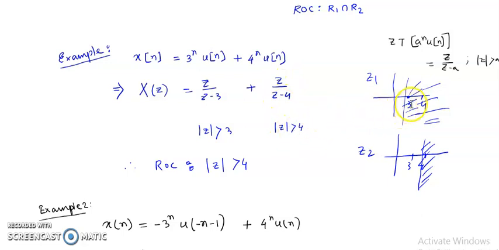If we plot these ROCs, and this point is 3, then mod z greater than 3 indicates this region and mod z greater than 4 indicates this region. The intersection of these two regions is specified by mod z greater than 4. That is, the ROC of this combined Z transform X(z) will be mod z greater than 4.